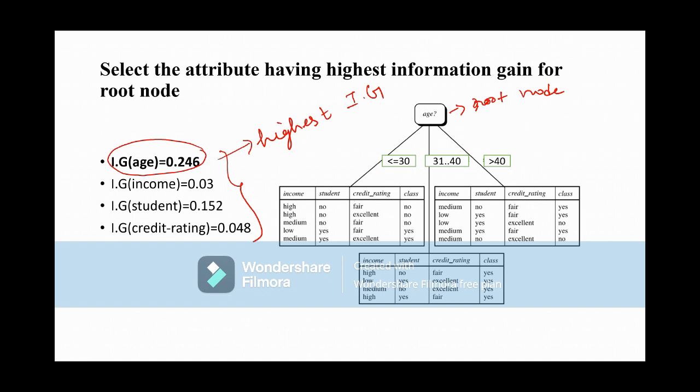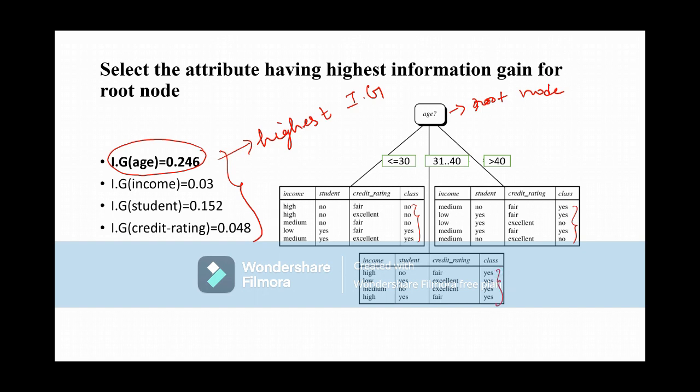Satisfying the condition, looking at the 3 subsets, the left side subset has 5 values, and both classes, yes and no, are present in the target class. The right side subset also has the 2 classes, yes and no. But in the middle subset, all the rows belong to the same class, yes.